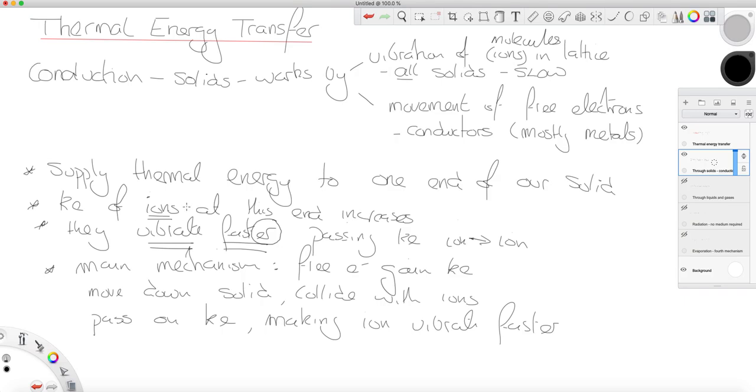So if we're talking about an insulator, we'd have the word atom or molecule in here and here. This is our main mechanism in metals.